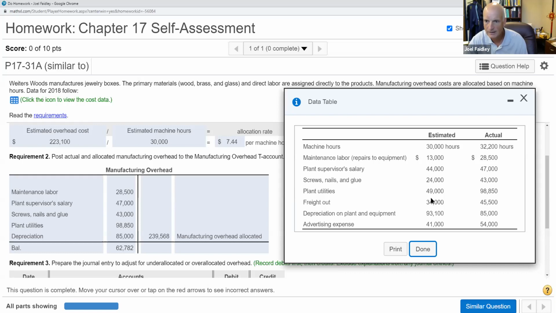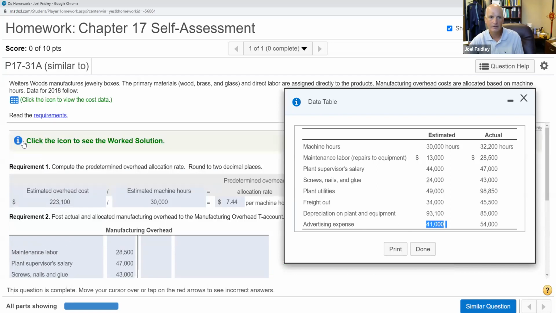Plant utilities. We're not going to use freight out. Remember, freight out is always something separate. It's usually a corporate budget. It has nothing to do with your plant and what you're doing as far as your product. Freight out is after you've already sold it. Depreciation on plant equipment, we're going to include that. So really the only things we're going to exclude are the 34,000 and the 41,000. The rest of these we're going to add up.